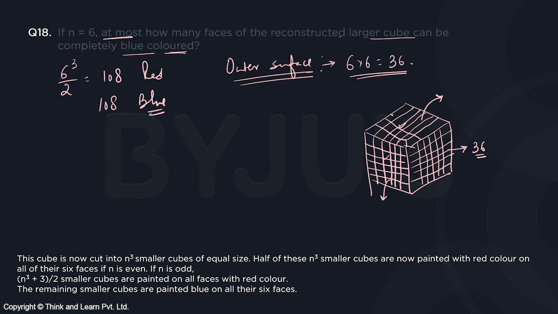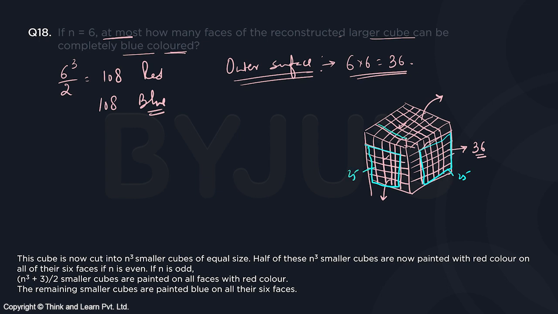And 1, 2, 3, 4 and 5 is already there. So what do I see here? Actually, out of these 36 surfaces, if you just look at these 25 surfaces over here, look at these 25 surfaces, right? Similarly, 25 surfaces are here.